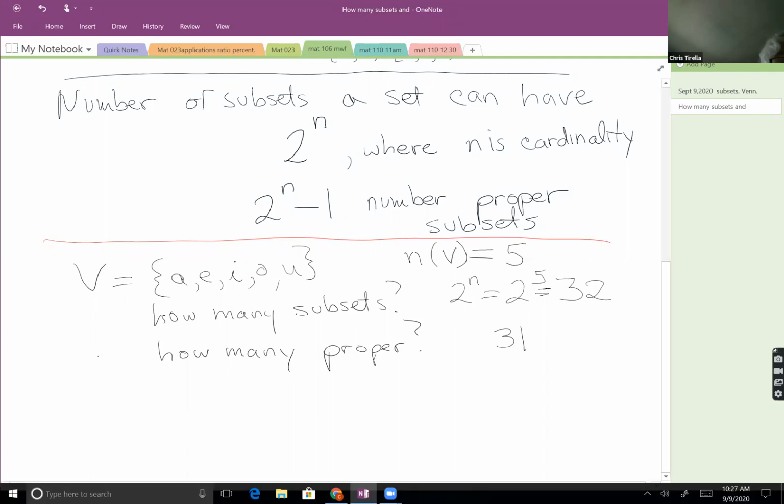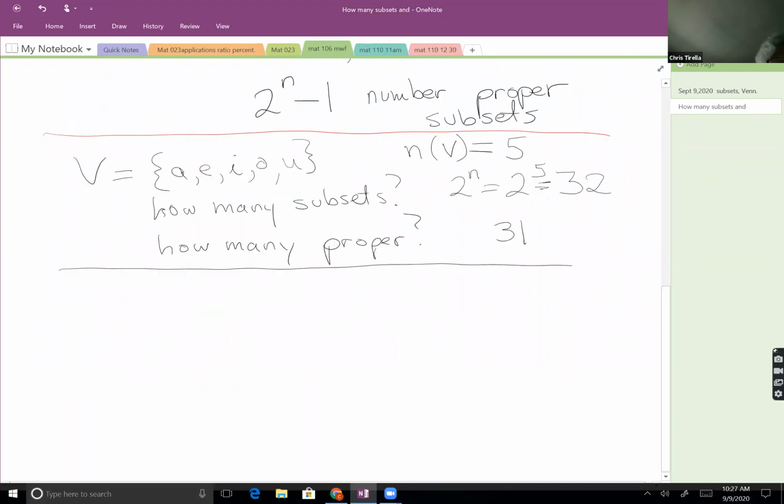It's not too tough going 2 times 2 times 2 times 2 times 2, but with other examples, let's say C is the set of consonants, the letters that aren't vowels.